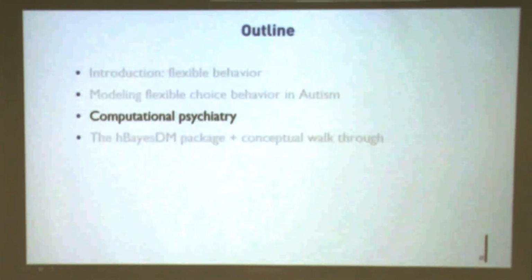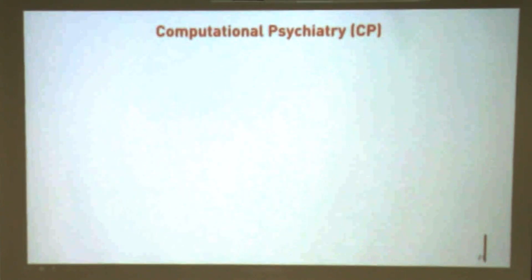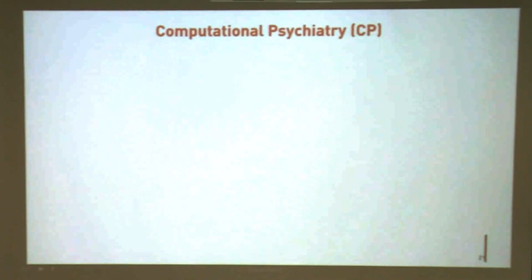Right, so then with that example, I'm switching gear, well, not really switching gear, just going from the more concrete example to the broader question in the theory, in the field of computational psychiatry. The example I gave you uses reinforcement learning models to explain flexible learning behavior in autism spectrum disorders in relation to healthy participants.